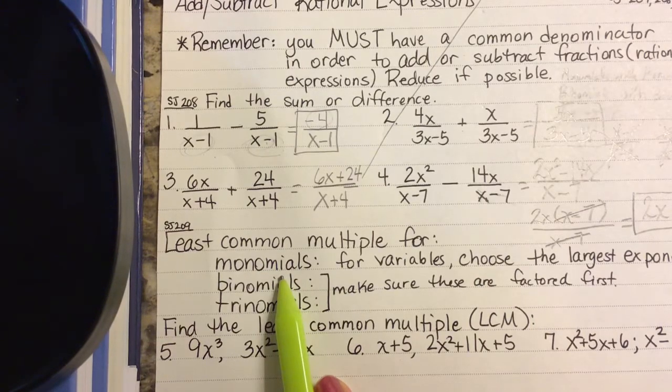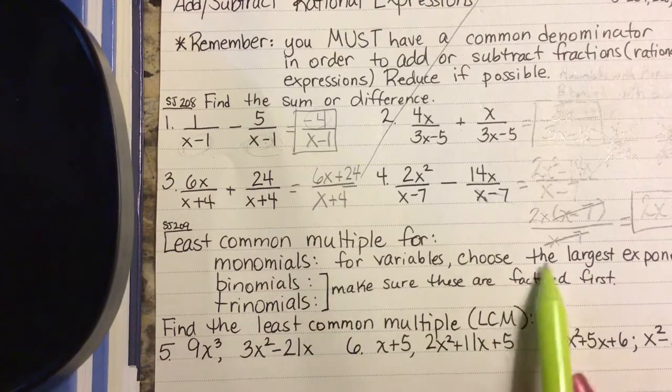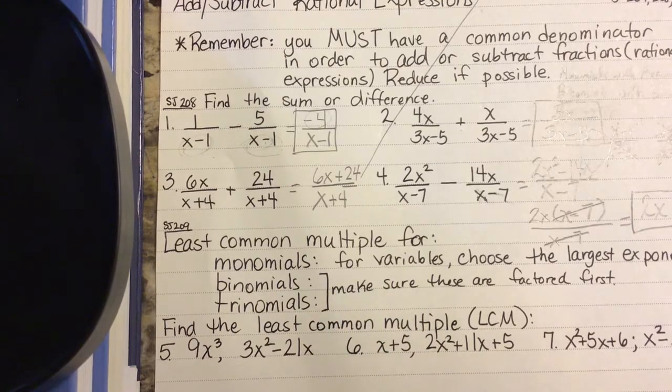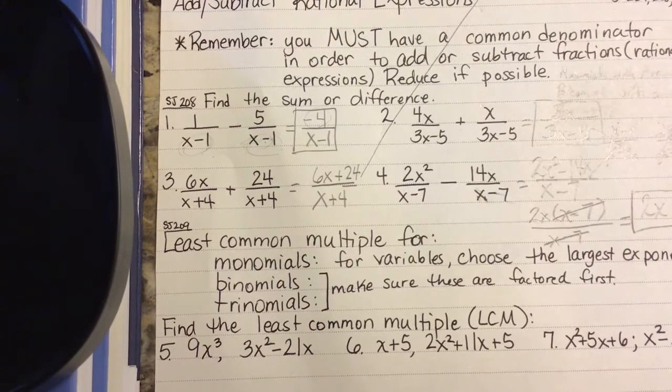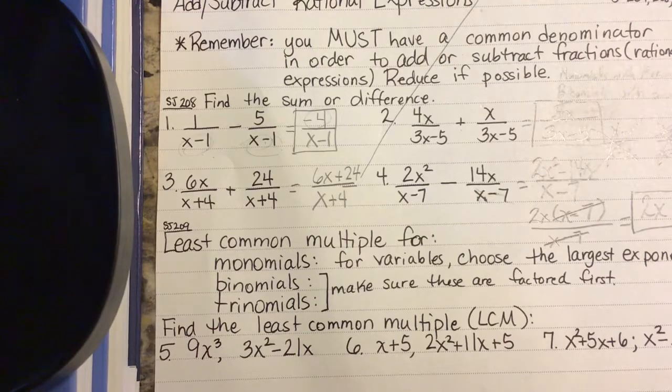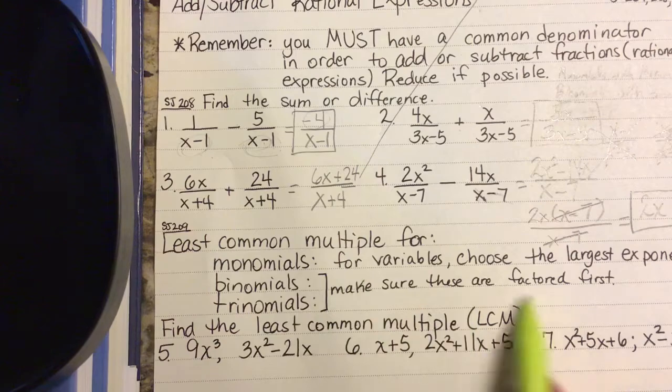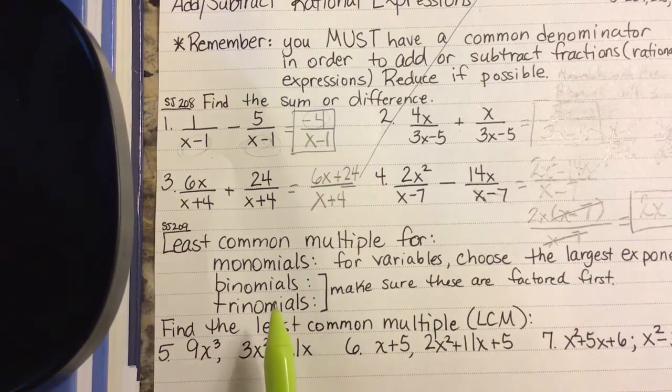In this case, it might be a constant, but normally they're probably going to be coefficients. Anyway, you're going to choose the largest exponent for your variables when you're finding the least common multiple. And that's sort of the reverse of what we said with the greatest common factor, because with greatest common factor you use the smallest exponent, but when you're finding the least common multiple for monomials, you choose the largest exponent.